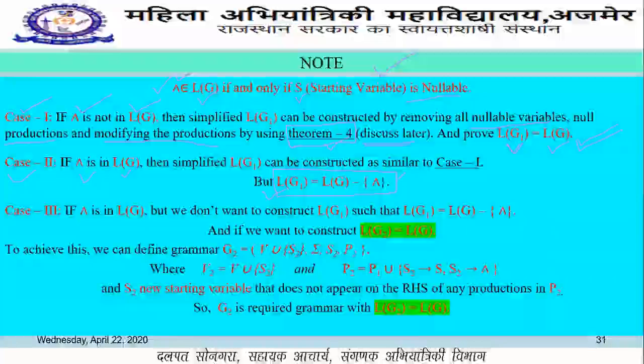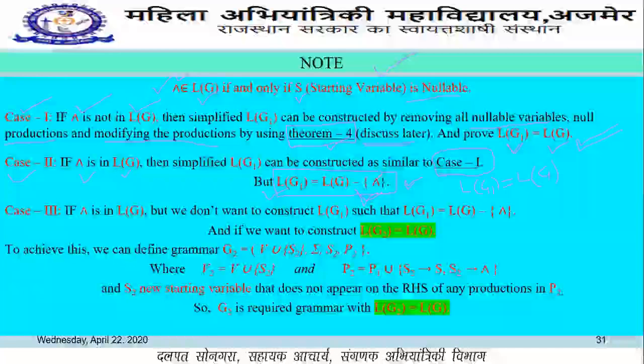This is the restriction, and we generate it as in case 1 by using theorem 4. But we know that L of G1 is not equivalent to L of G. But L of G1 is equivalent to L of G without the null string.